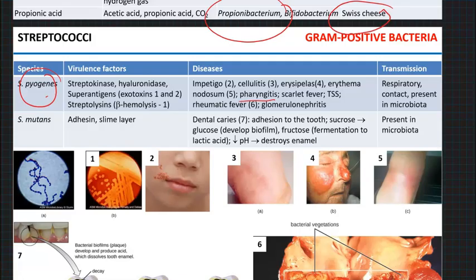It's most likely strep throat. So if you don't treat it, it becomes systemic, leading to scarlet fever, which is a pretty severe disease in itself, and it may aggravate itself further, resulting in rheumatic fever.